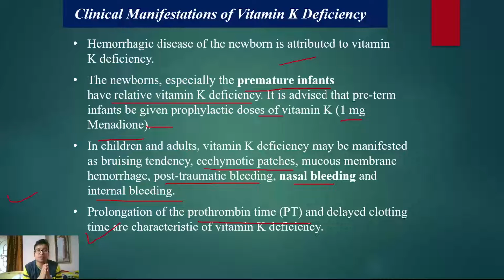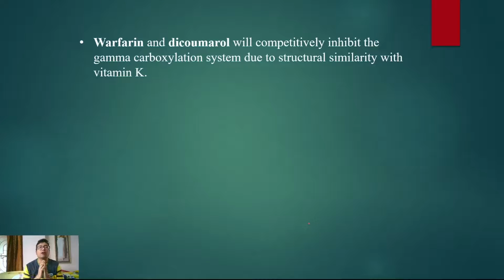You should know the list of clotting factors that participate in bleeding time, clotting time, prothrombin time. These are catch questions in physiology. So, you need to know that warfarin and dicumarol will competitively inhibit the gamma carboxylation system due to the structural similarity with vitamin K. You saw in the vitamin K cycle that the epoxide reductase enzyme was inhibited by dicumarol.